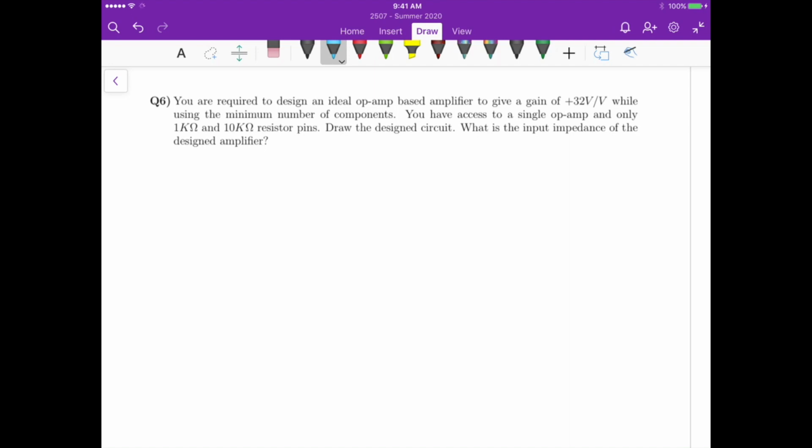So one of the solutions that we can find is that because we need a positive 32 volt per volt gain, we can use a non-inverting amplifier, okay?